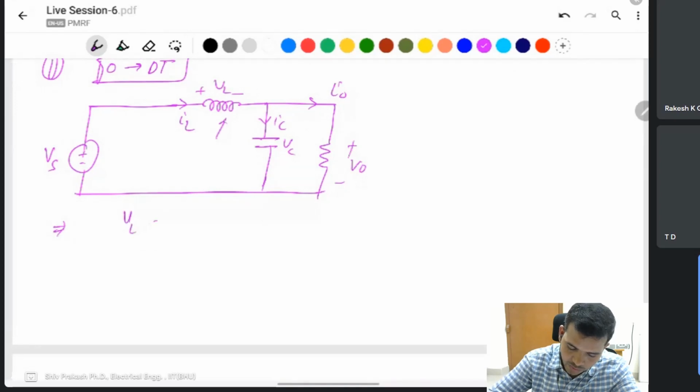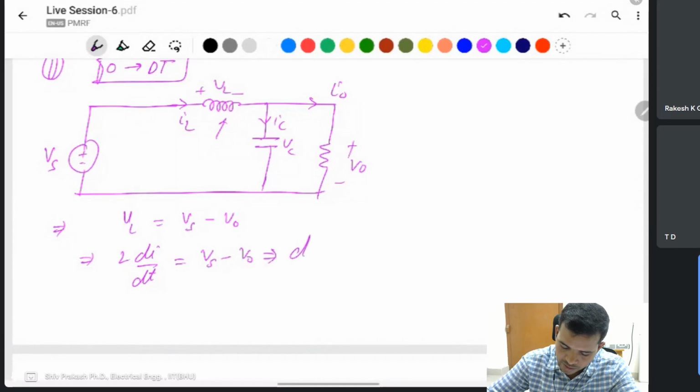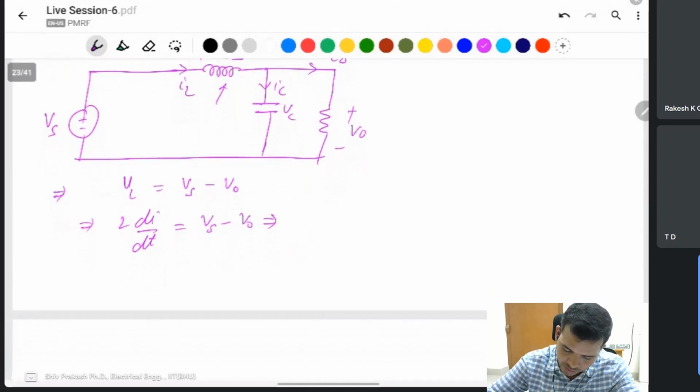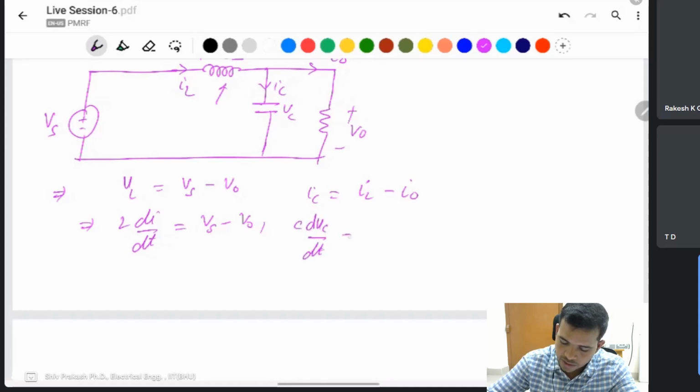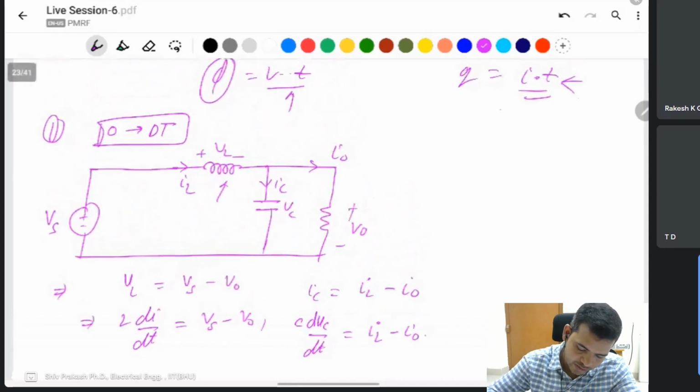If you apply KVL here, Vs minus V naught gives the inductor voltage VL, which is L dI/dt. The capacitor current is IL minus I naught, and IC is written as C dVc/dt, equal to IL minus I naught, in the first case.